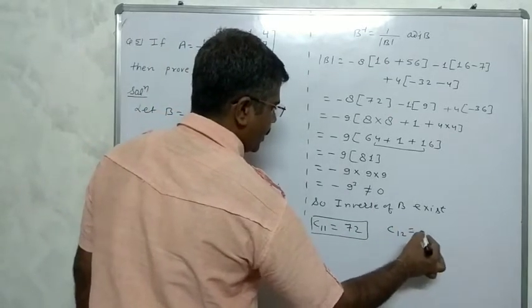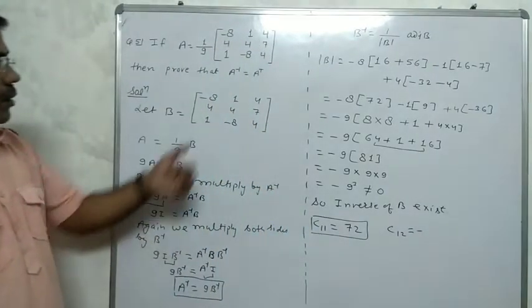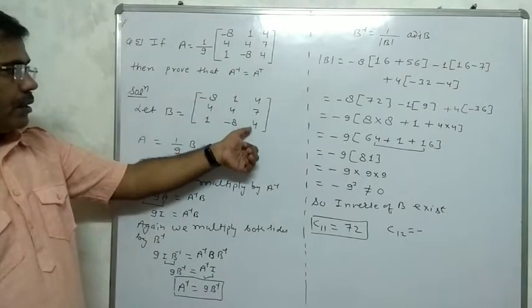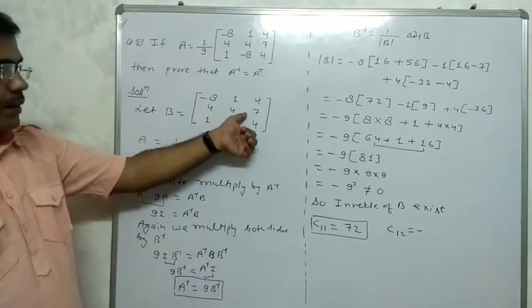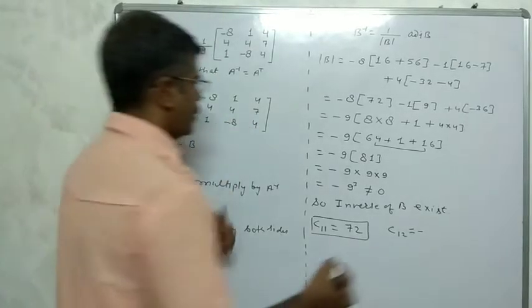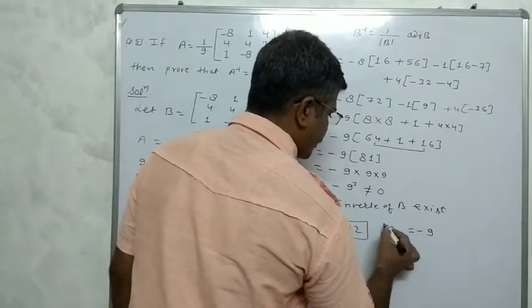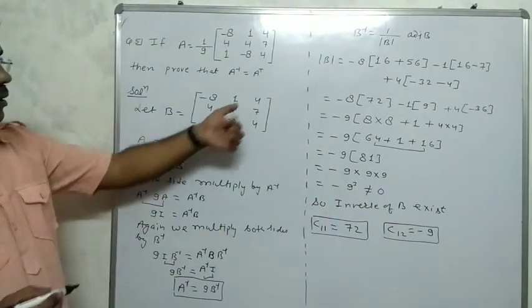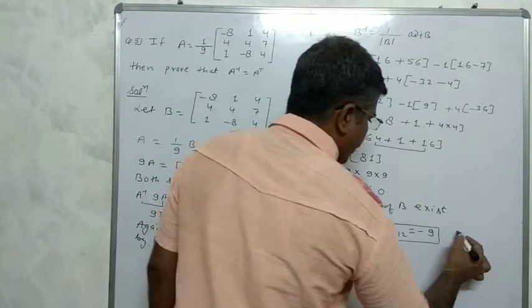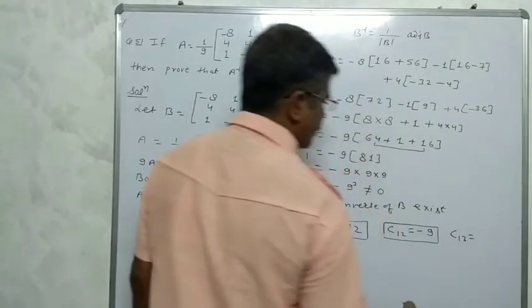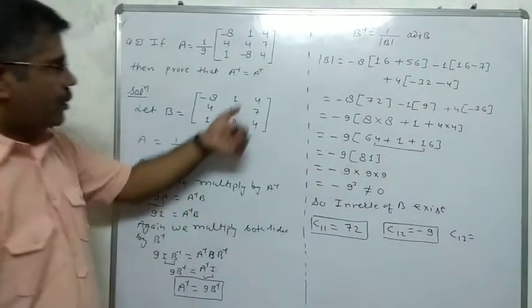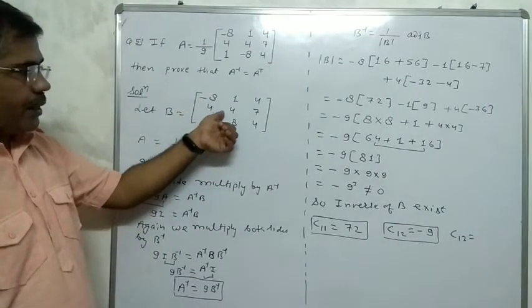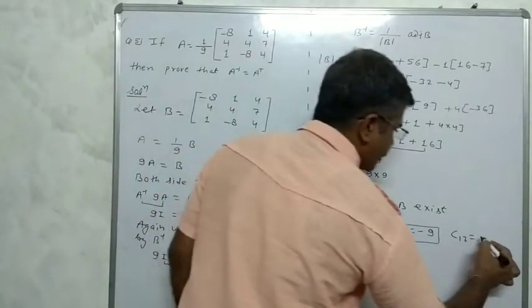C12 is negative. This column and this row delete. 16 minus 7, 9. C13 is positive. This column and this row delete. Minus 32, minus 4, minus 36.